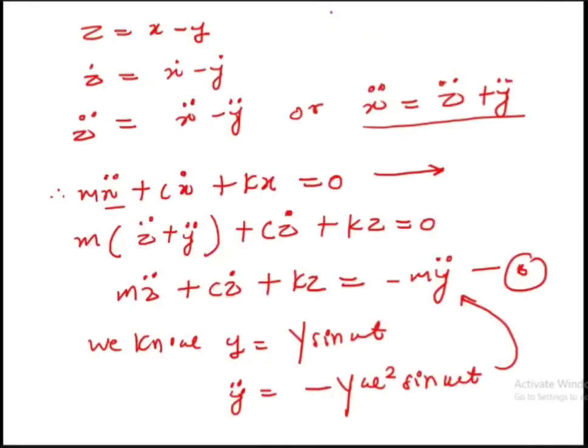So finally, guys, what you are getting? You are getting m z double dot plus c into z dot plus k into z. I am getting an equation of motion for the relative amplitude, and after putting here, minus will become plus, so plus m into Y omega square sine omega t.